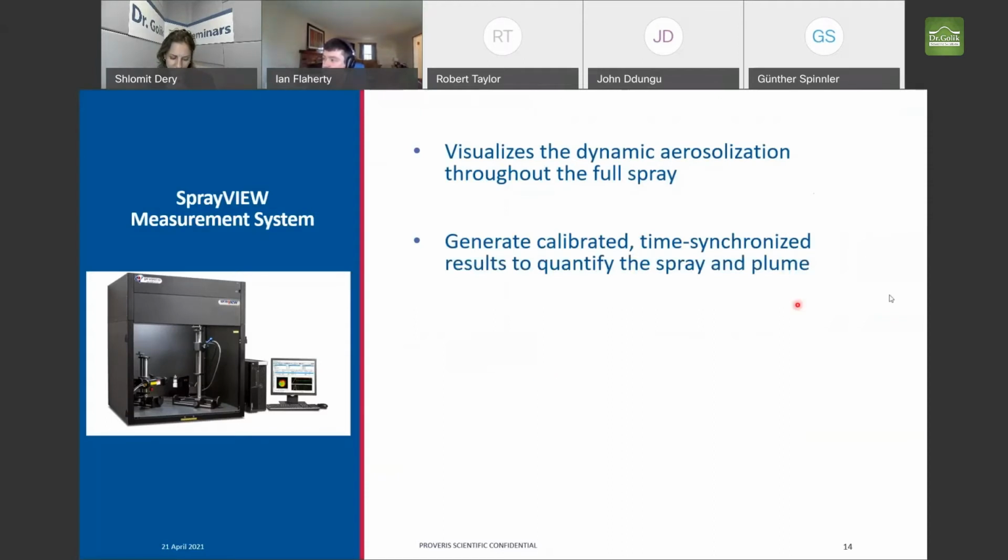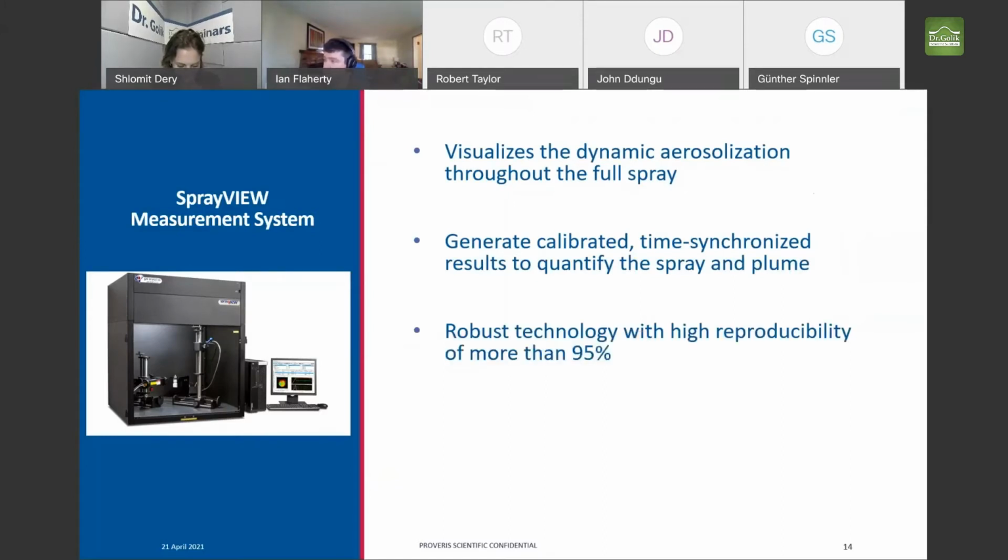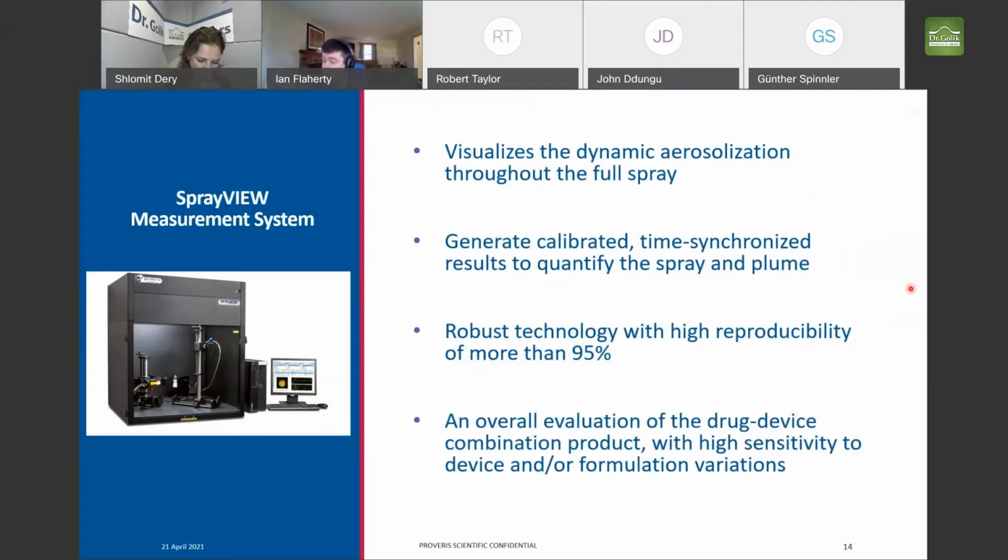It allows you to generate time synchronized results and quantify certain measurements like spray pattern and plume geometry, and associated secondary measurements that come with those. So it's a very robust technology, very reproducible. So you'll see it's a good tool throughout the product development process, because you're going to get very consistent data throughout. You'll be able to highlight very subtle differences or subtle changes in device performance.